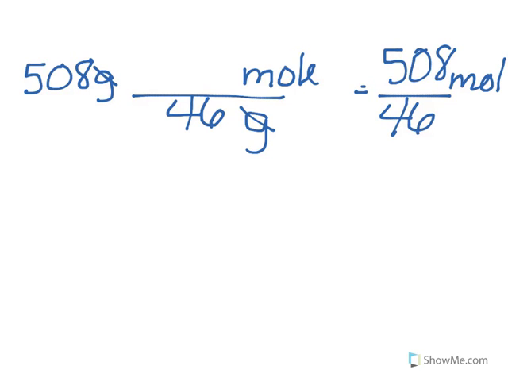On the bottom, 1 times 46 is 46. I crunched that through on my calculator, and again, my answer is 11.0 moles of ethanol. So two different ways to find the same answer, either by algebra with a formula or by canceling out similar units with dimensional analysis.